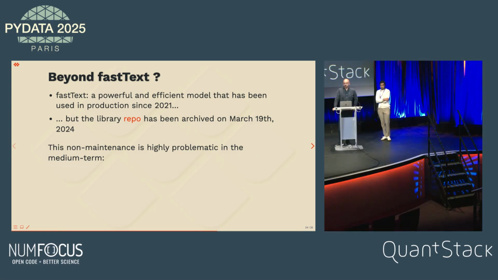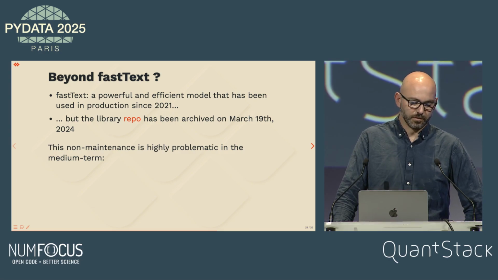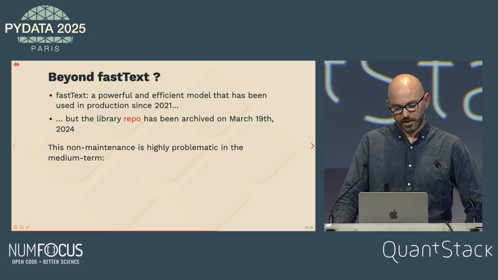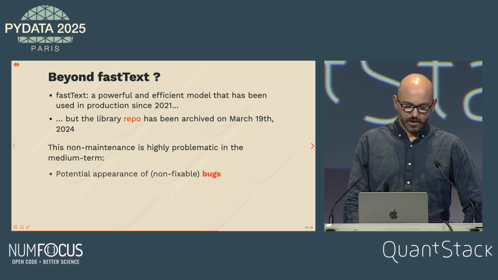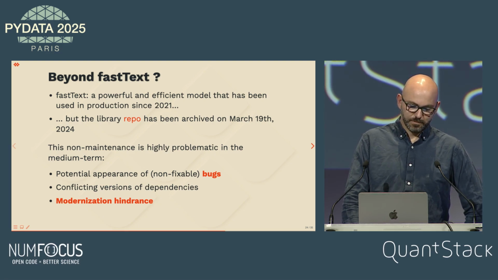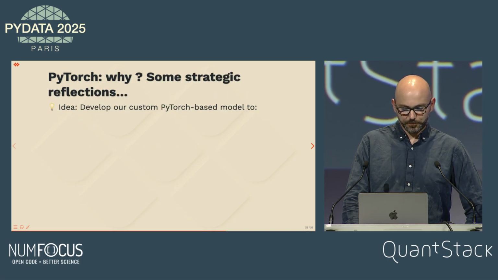And this caused problems in a production context. We don't want to have a crucial library be archived. We want maintenance. So there are several strategies behind the idea to develop a package.